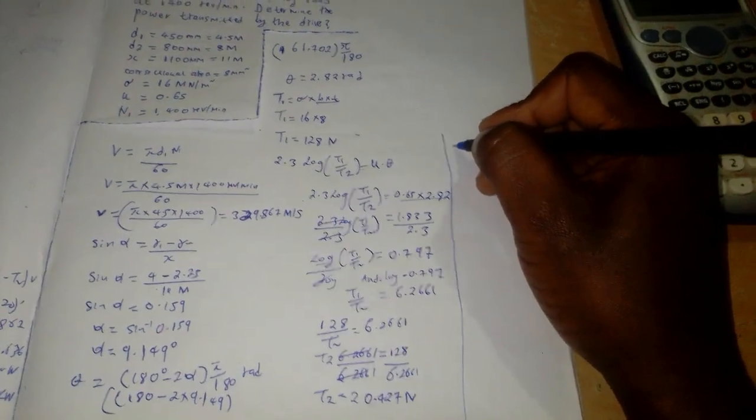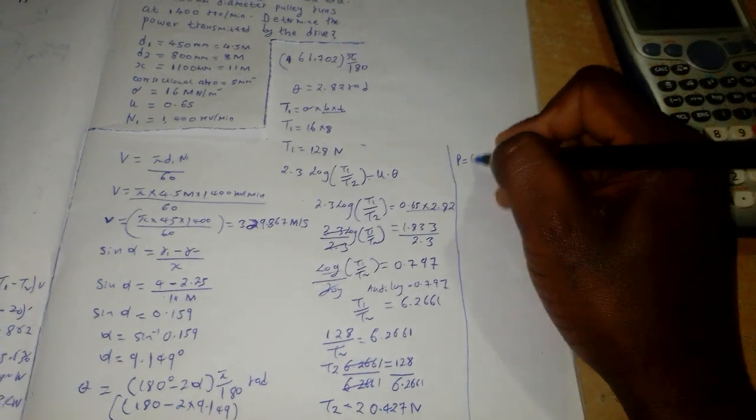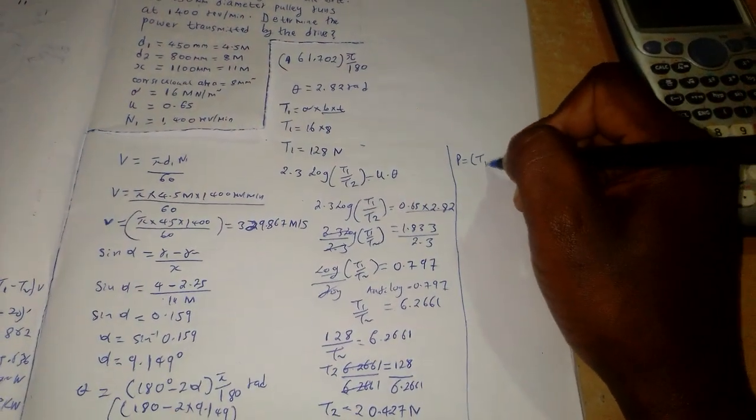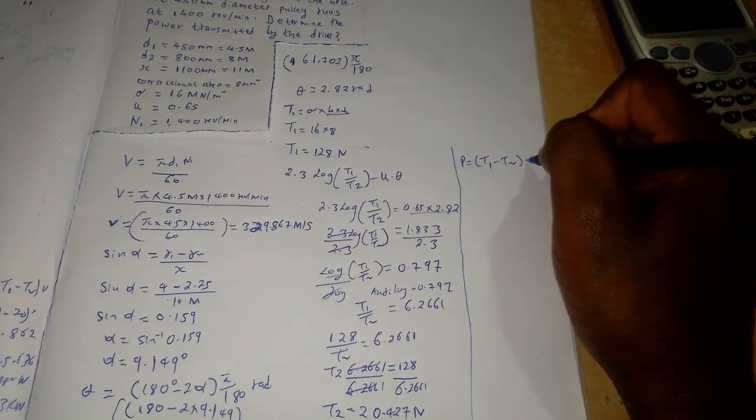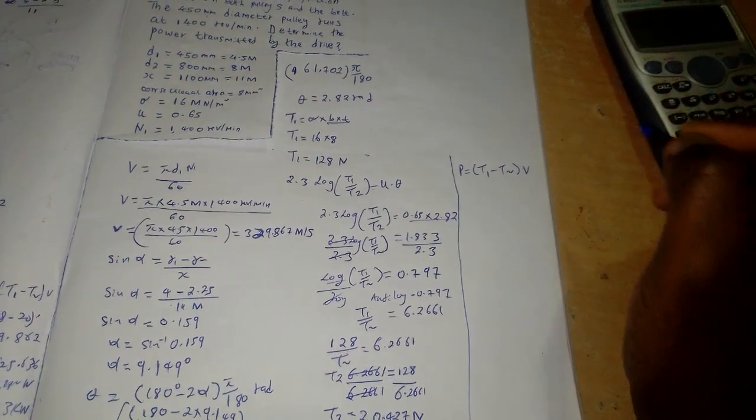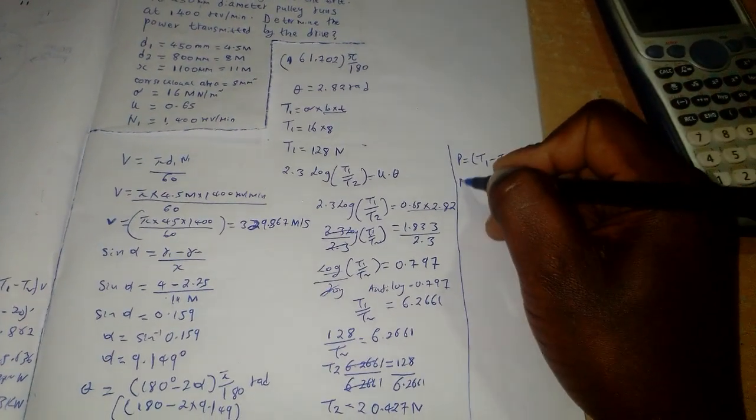Now to find the power, we know that P is equal to T1 minus T2 times the speed.